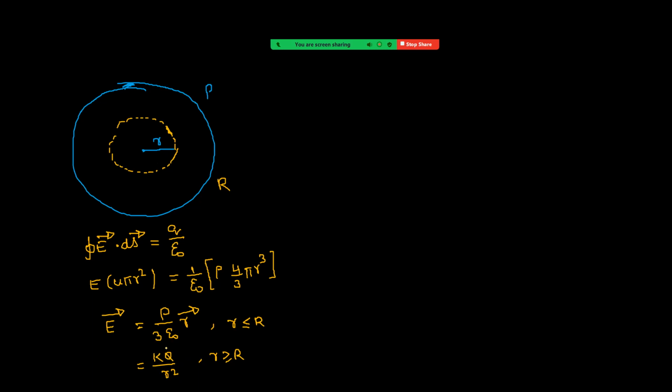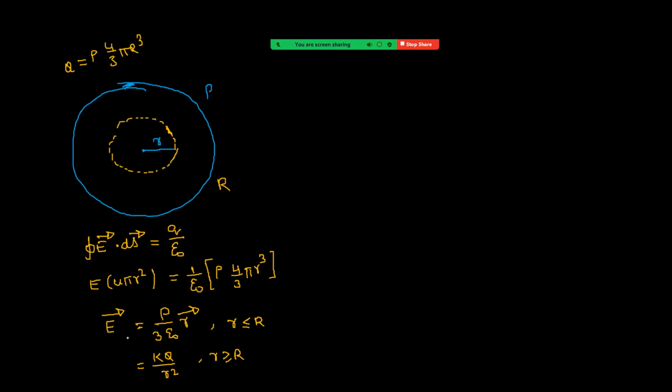If it is inside, then it is rho by 3 epsilon naught into r bar in vector form. The value of capital Q is rho into 4 by 3 pi R cube.